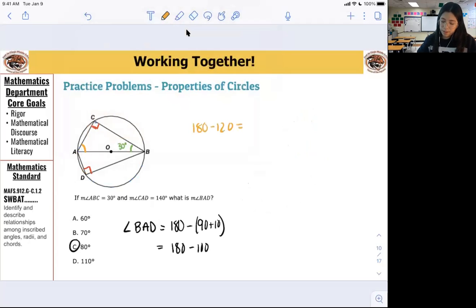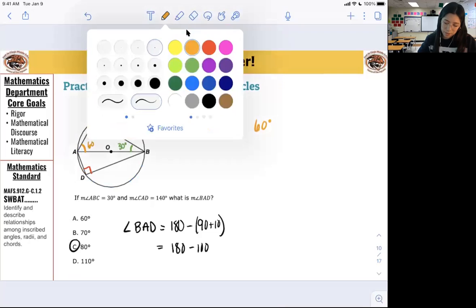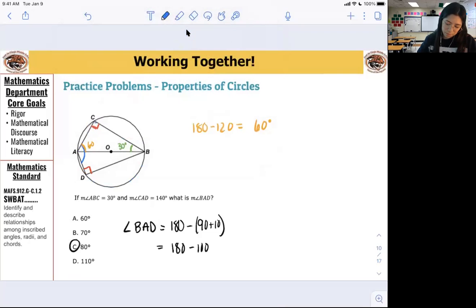I got 60 degrees. If that's 60 degrees, and the whole thing we were told is 140, then 140 minus 60, I got 80. Both ways I got 80.